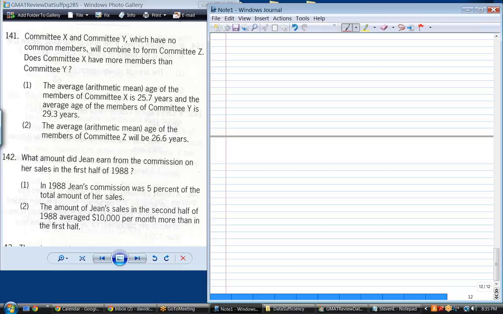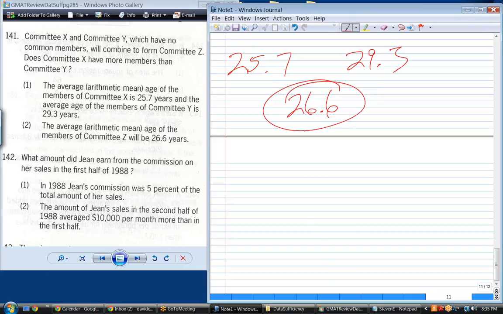Now this is where this gets complicated, I think. So Committee X is on this side, it's 25.7, and on the other side is 29.3. So how do you average 25.7 and 29.3 to get 26.6?